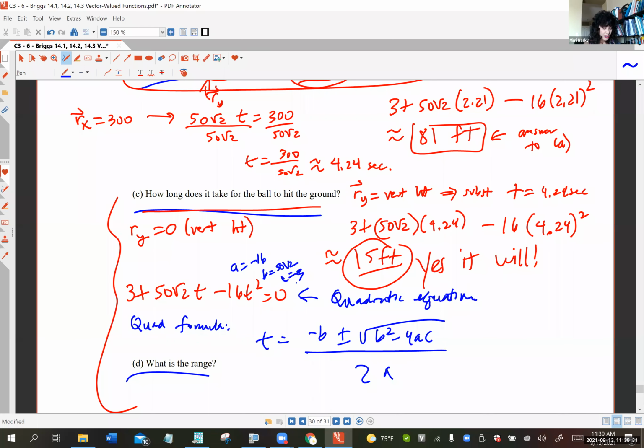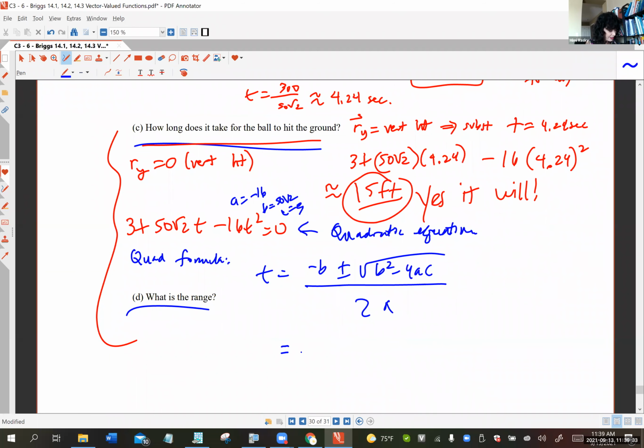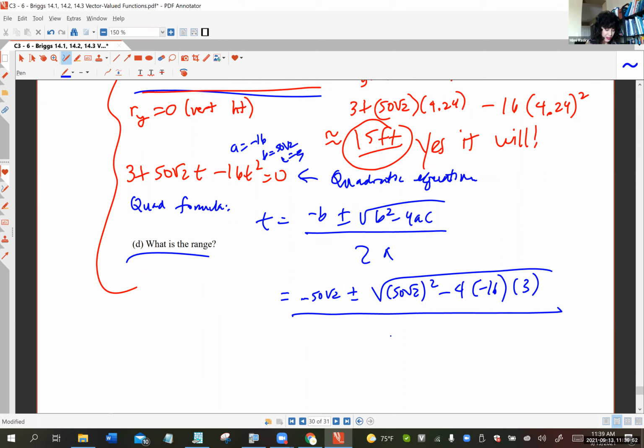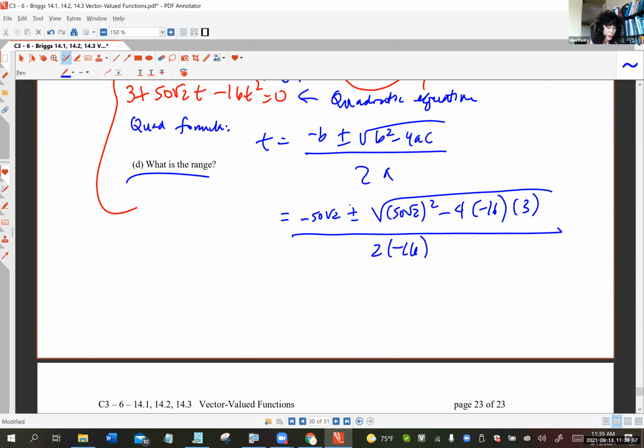So when you substitute all of those values in, negative 50 square root of 2 plus or minus the square root of 50 square root of 2 getting squared minus 4 times negative 16 times 3, all over 2 times negative 16. Yuck. When I punch this up, remember, because of the plus or minus, you're going to get two solutions.